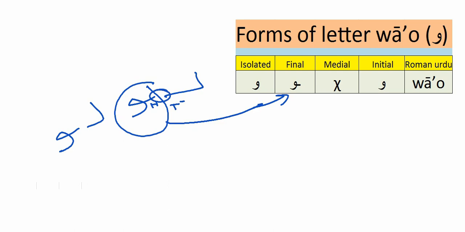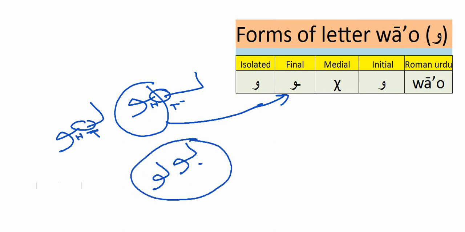Similarly, the tail of Lam we are connecting with the head of Waw at this point. So this word we will write Bo Lo. Bolo. Bolo means, yani, speak. To speak is bolna, but bolo is speak, informal we can say.